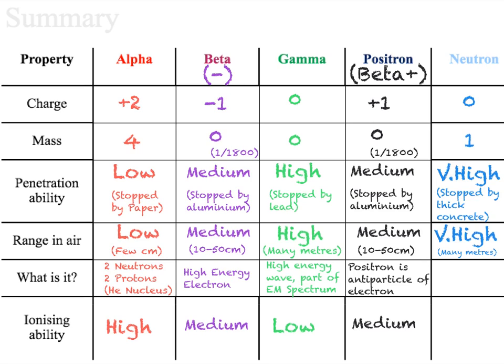It is a free neutron that has come from a nuclear fission or fusion event, and it has very high ionizing ability. However, this is indirect. The ionizing ability of the neutron itself is 0. We will now look at how to balance equations for these nuclear breakdowns.